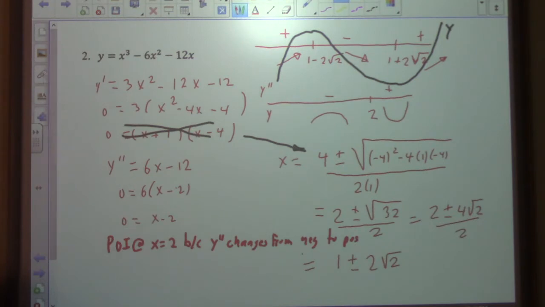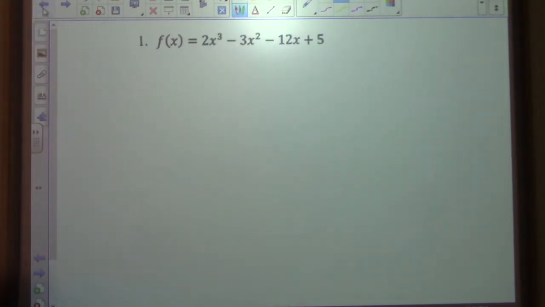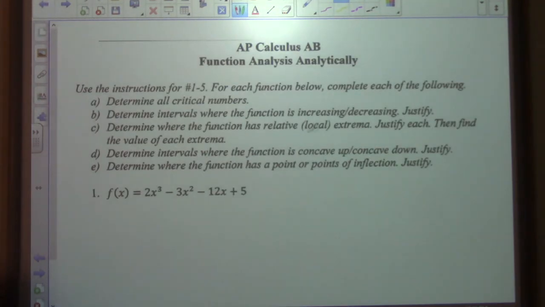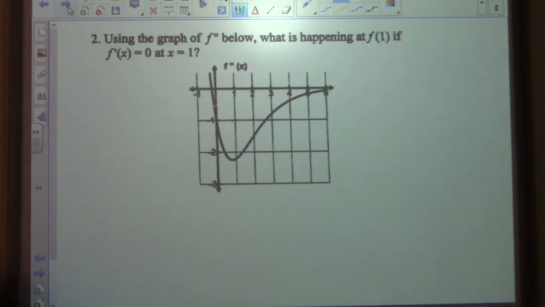And what else are we being asked here on this? I'm just trying to look at what it says. Determine where it has relative extrema, justify each, and find the value of each extrema. Concave up and concave down, determine where the function has a point or points of inflection, and we justified that.